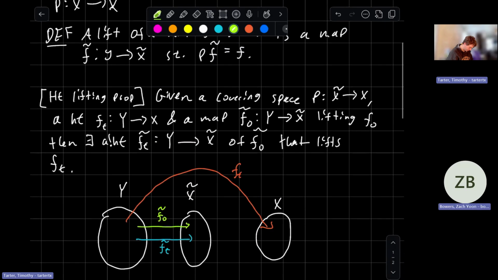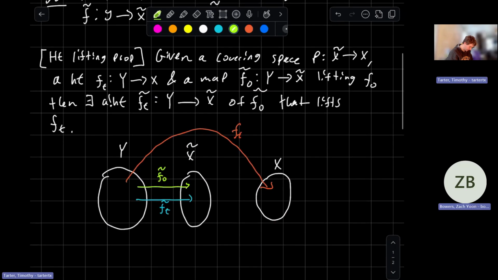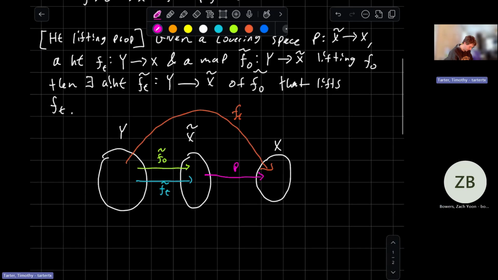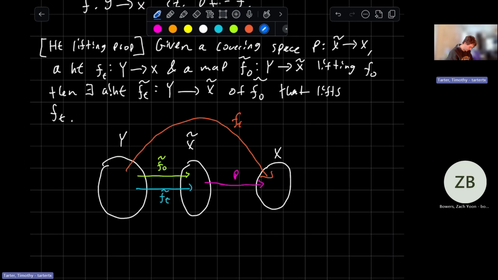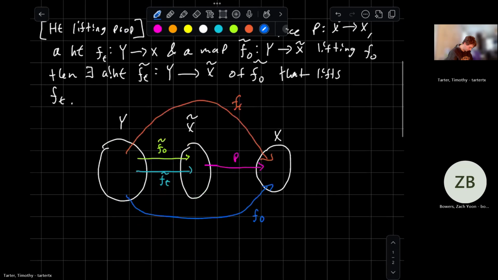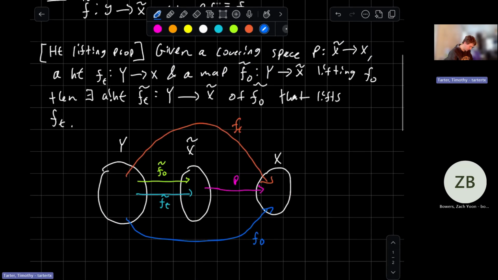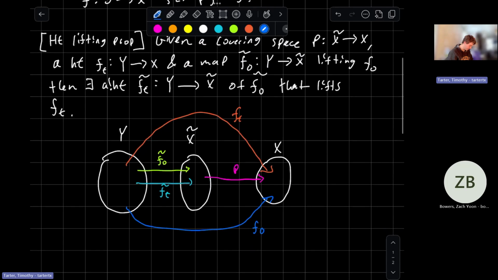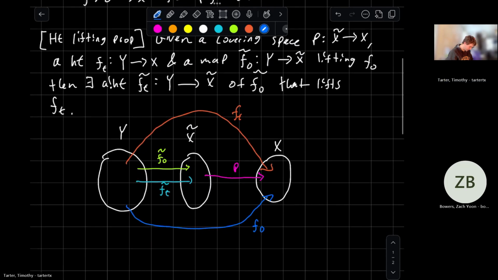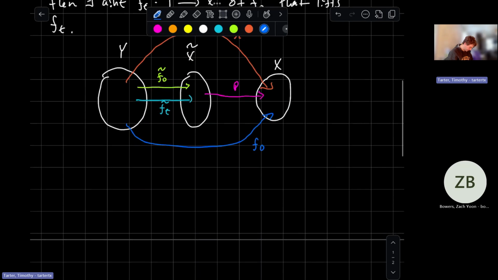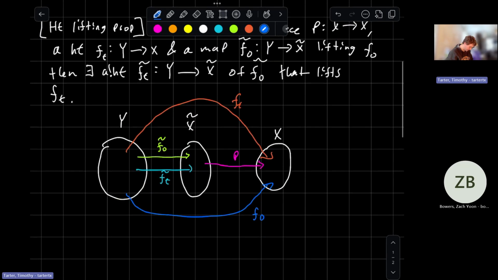Maybe it means f naught tilde. I think no, because it says it differently in the definition. So I think we have p, but maybe it's that. Then there's a unique homotopy of f naught that lifts f_t.